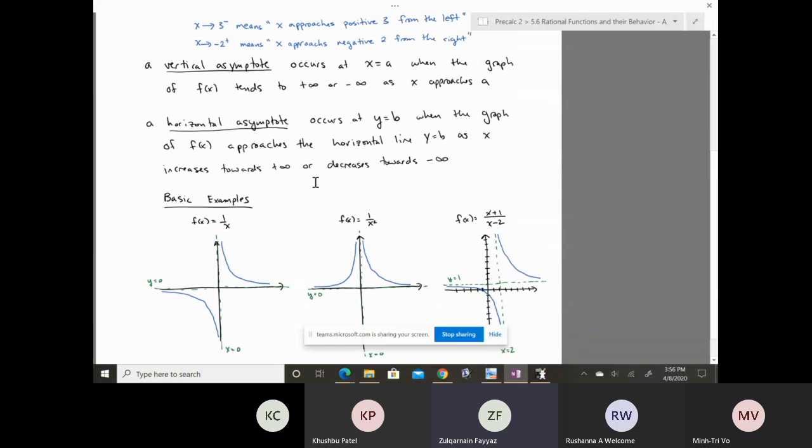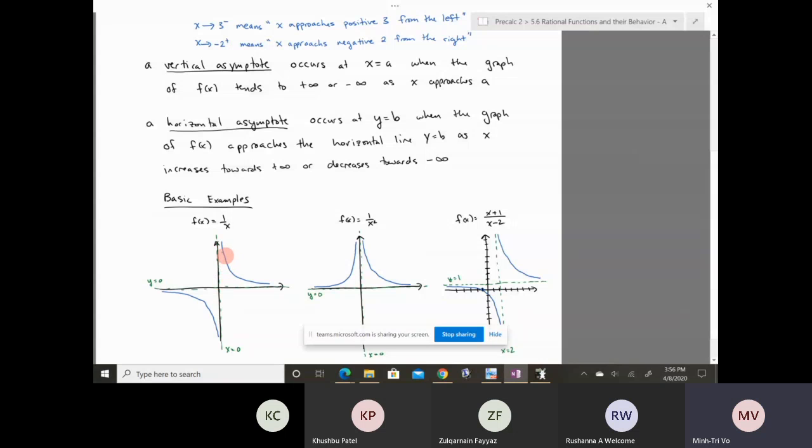So in terms of vertical and horizontal asymptotes, basically what you want to look for is if the graph is bending towards some imaginary vertical line.